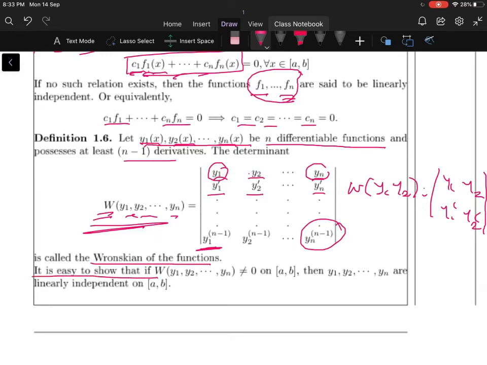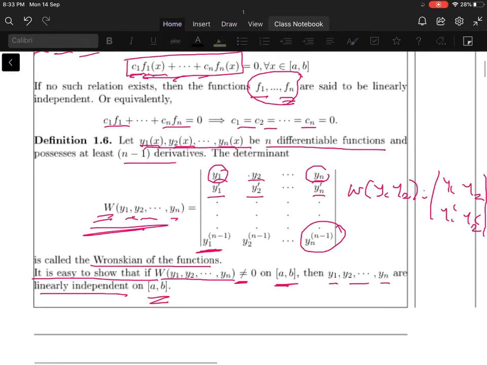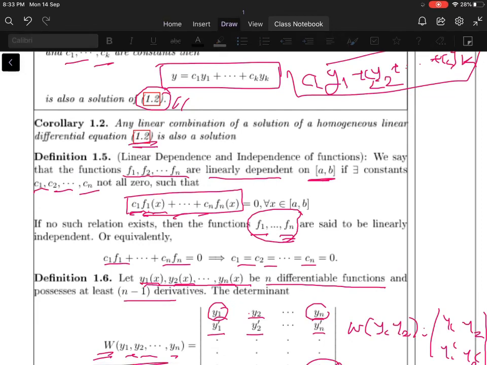Let us move to the next definition. It is easy to show that if the Wronskian of y1, y2, yn, which is a determinant, is not equal to 0 on a particular interval AB, then y1, y2, yn are said to be linearly independent on that interval AB.